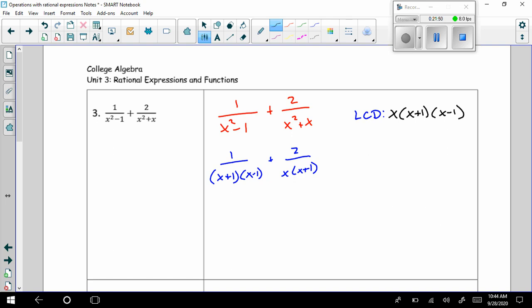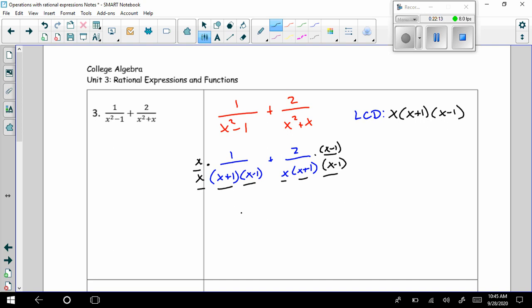So I'm going to multiply each fraction by what it's missing. So this side is missing an x. This side is missing an x minus 1. And so by doing this, I am giving them the same three terms on the bottom.